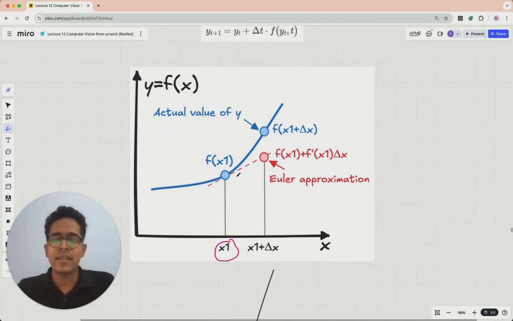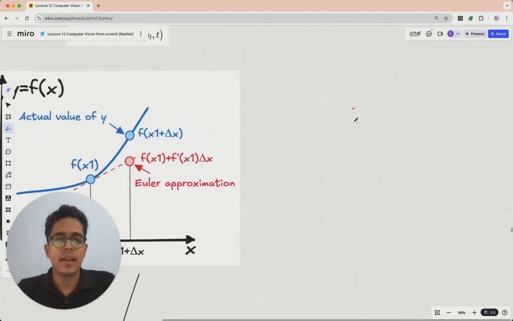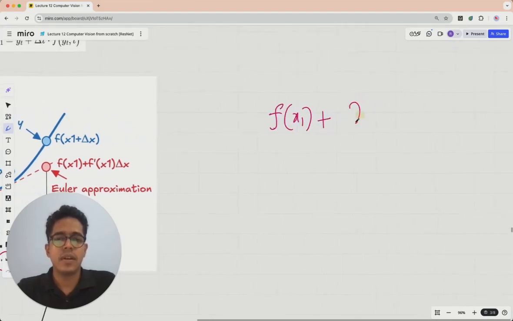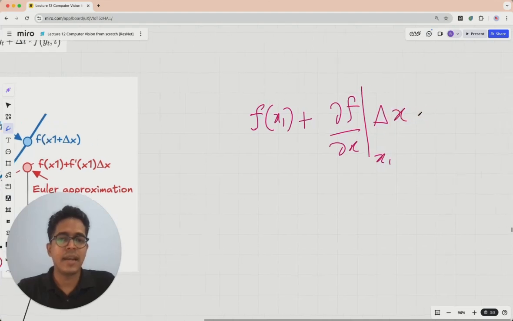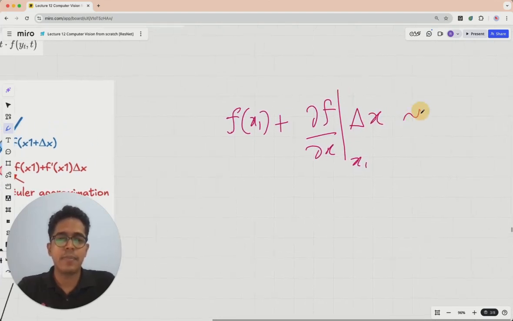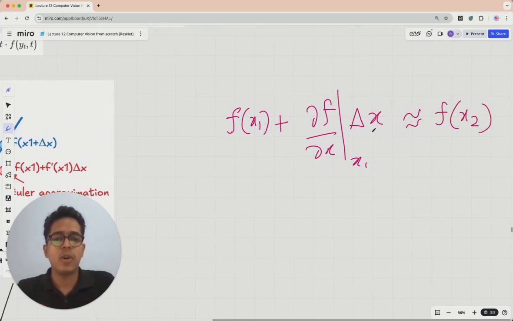And then to that, we just add the difference: f of x1 plus dou f by dou x at x1 times some delta x. We say that this approximates f of x2. And the smaller this delta x is, the closer this f of x2 value is, right?